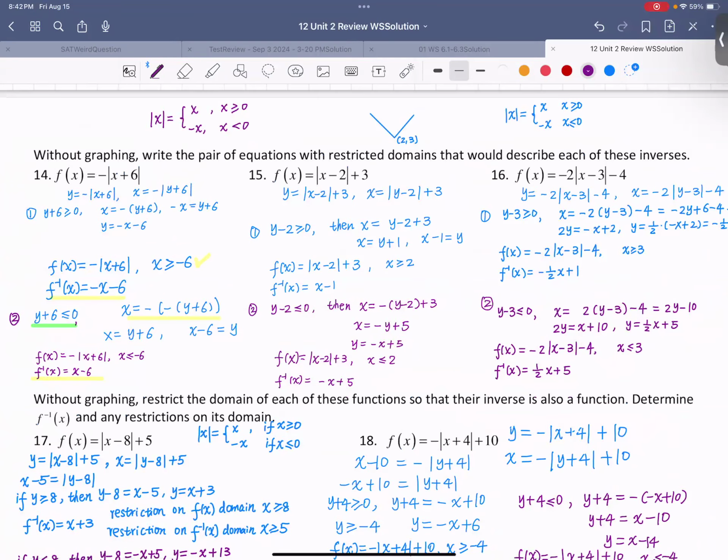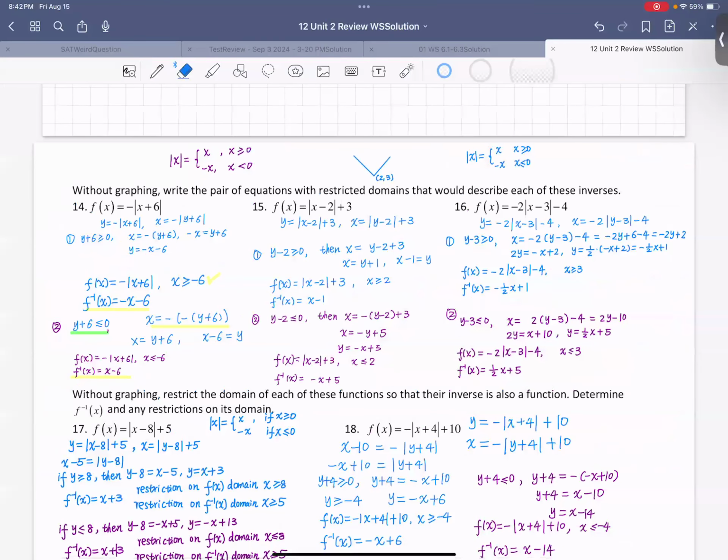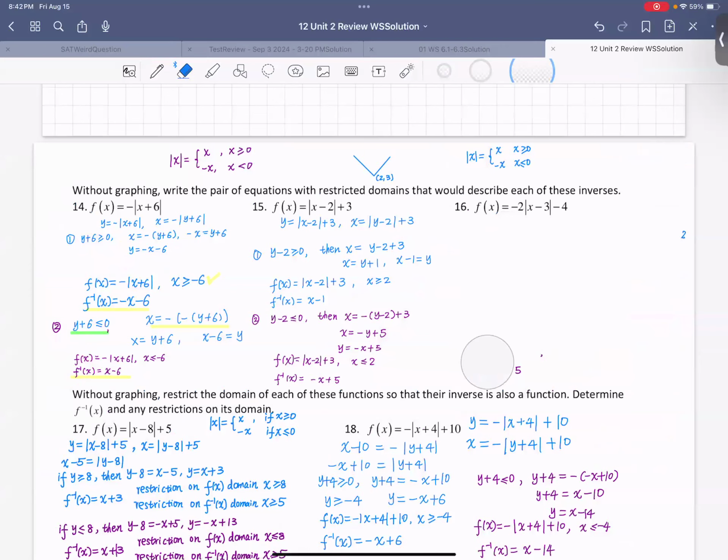I leave the examples 14 and 15. And then you do number 16. Trust me, if I'm not able to make you understand this part, I don't think your school's teacher can make you understand this part.